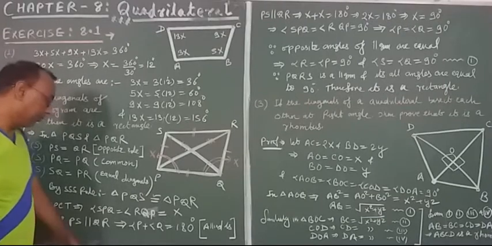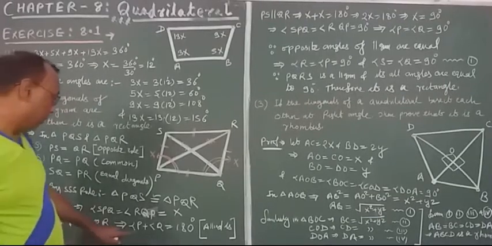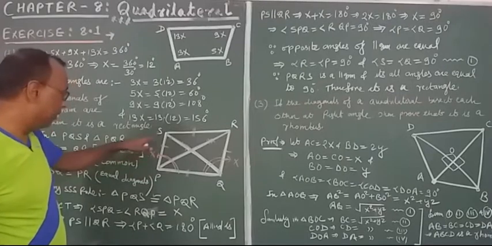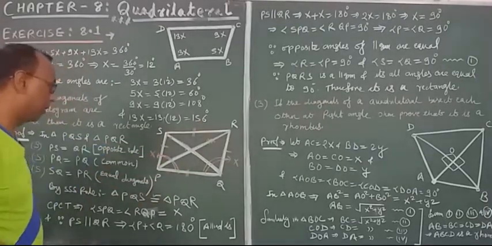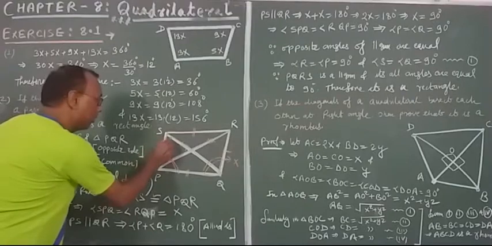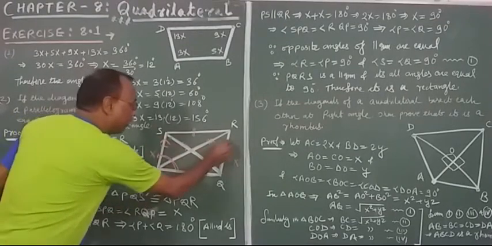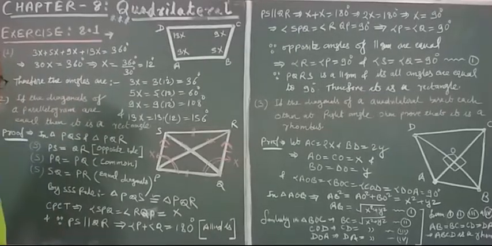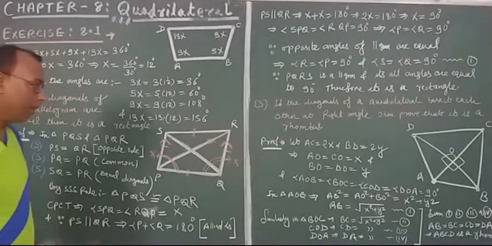And side PS is parallel to QR, because opposite sides of a parallelogram are equal and parallel.